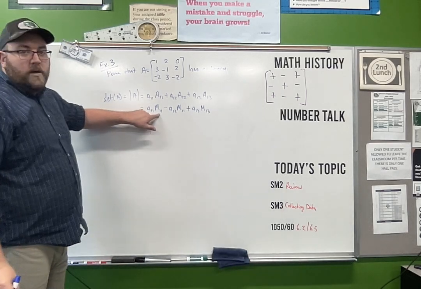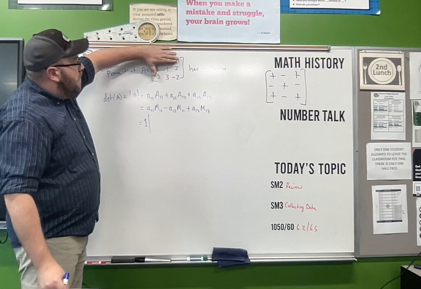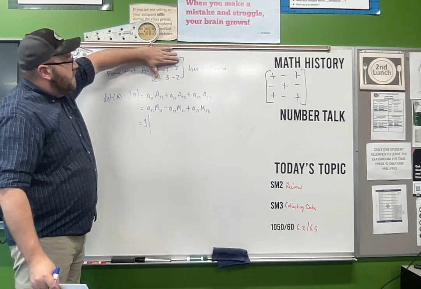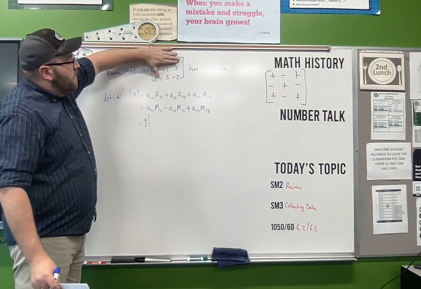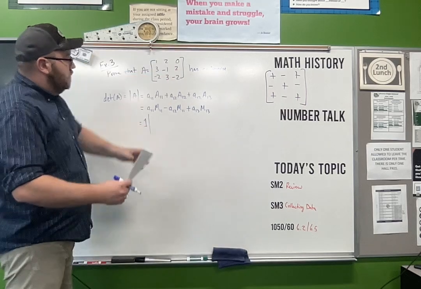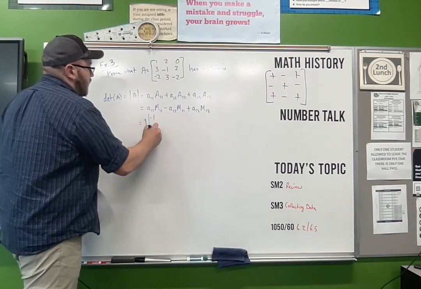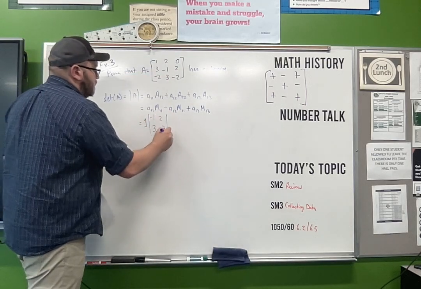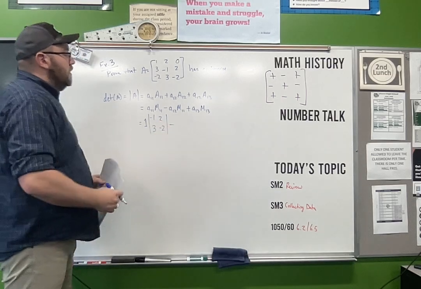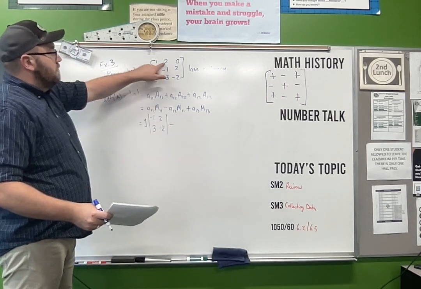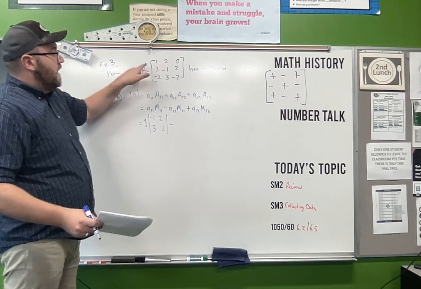So minor 1, 1, you eliminate first row, first column. The matrix that's left over, negative 1, 3, 2, negative 2. Minus A12. So entry 1, 2.